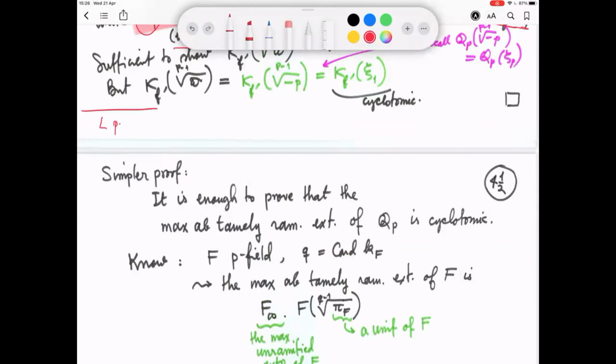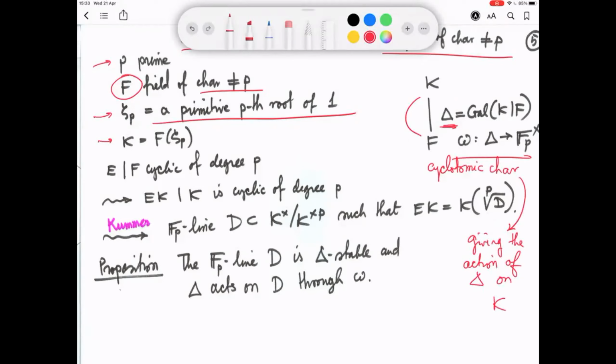Where does it come from? It gives the action of delta on what I like to call K star, the multiplicative group of the field K, the p-torsion. So this is the group of pth roots of unity in K star. Not all of them are primitive, of course. One belongs to this group and it's not primitive.